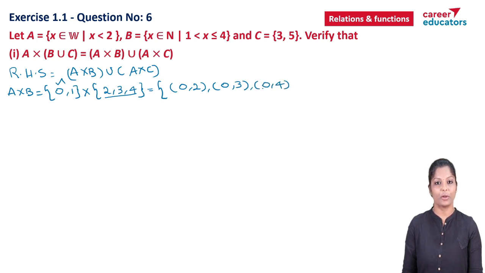Likewise, we do it for the remaining element 1. We will get (1,2), (1,3), (1,4).